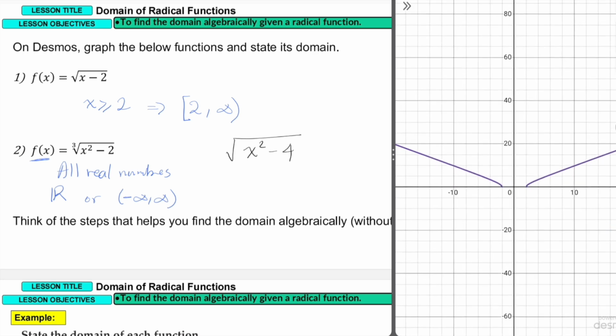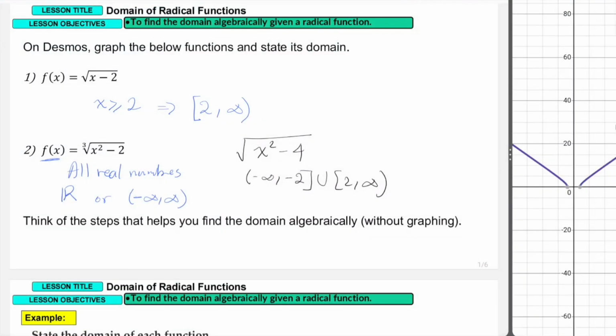So here the domain is two pieces or two intervals. Starting from negative infinity all the way up to negative 2, and I can equal negative 2, so I would put a closed bracket, union, in addition to positive 2 all the way to positive infinity, which is the right piece of the graph.